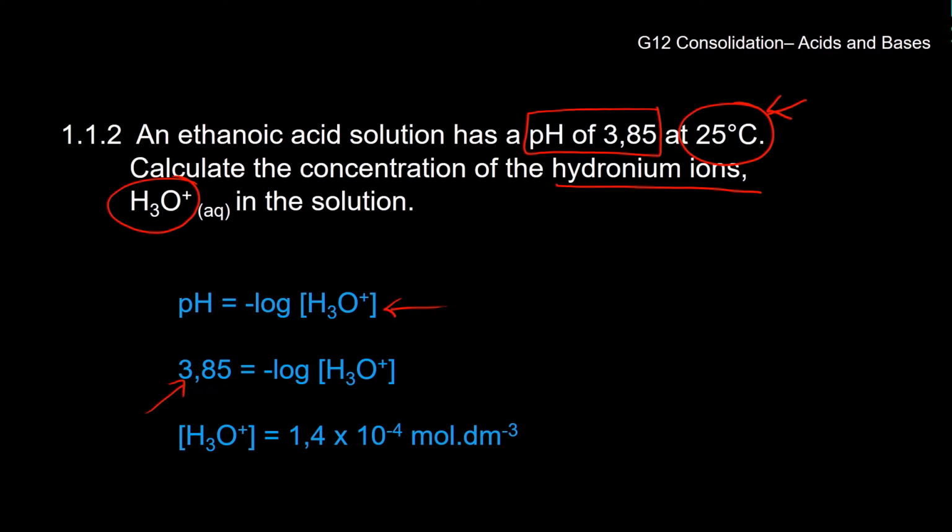On our calculators, we do our logarithm working out, and we end up with an answer of 1,4 times 10 to the minus 4 mole per decimeter cubed. Now, concentration is mole per decimeter cubed, but have a look at that exponent of minus 4. That is telling us that there is not a big amount of ionization.